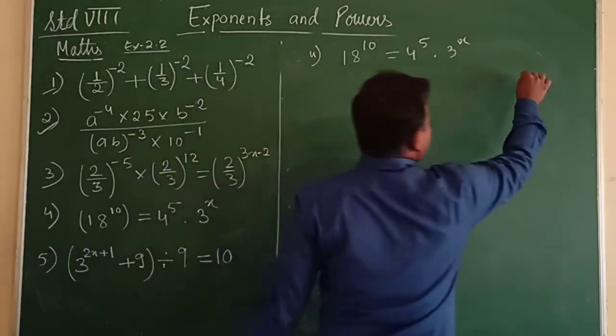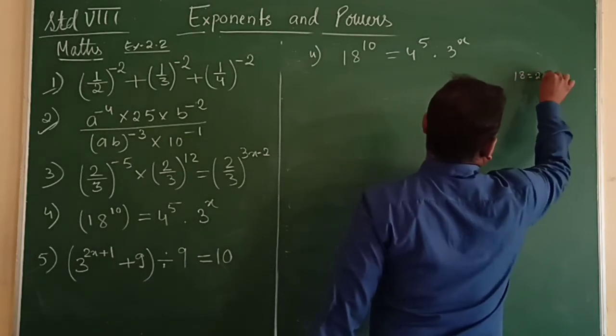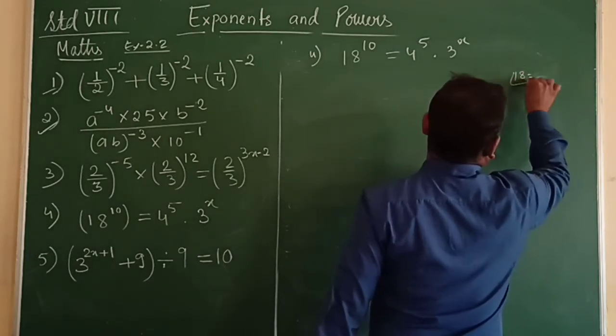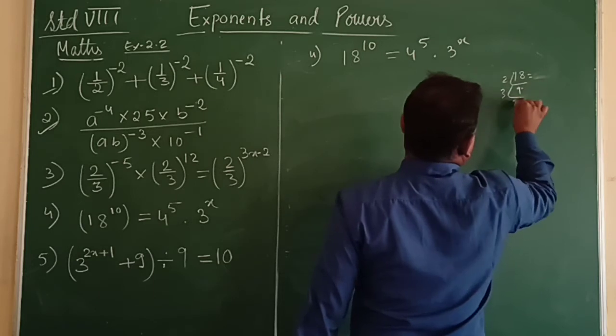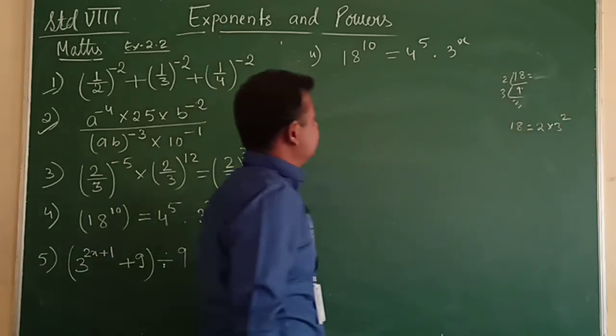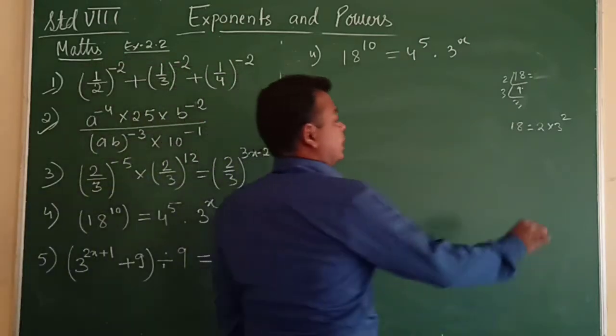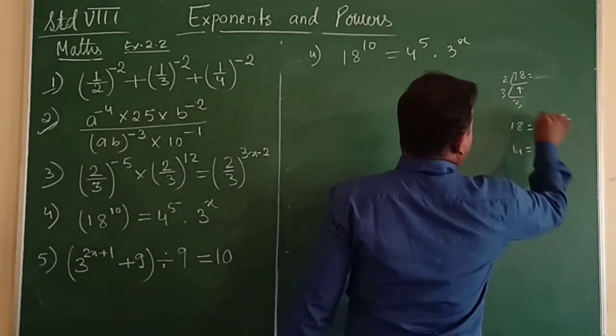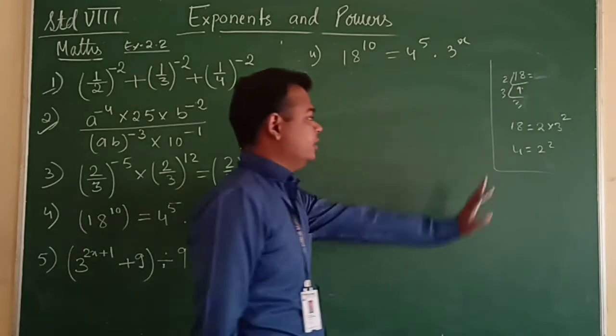Suppose 18. Instead of 18 we can write 2 into 3 into 3, which means 18 is equal to 2 into 3 square. And instead of 4 we can write 2 square. Okay, this is the rough work.